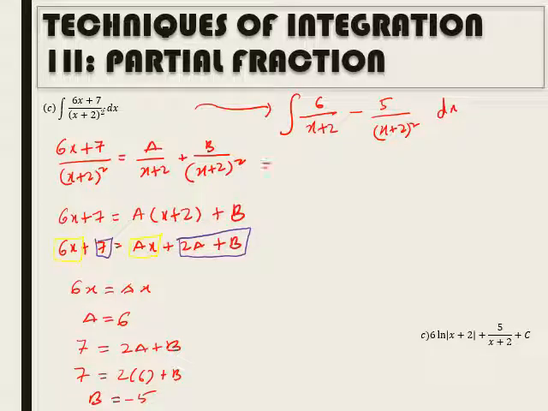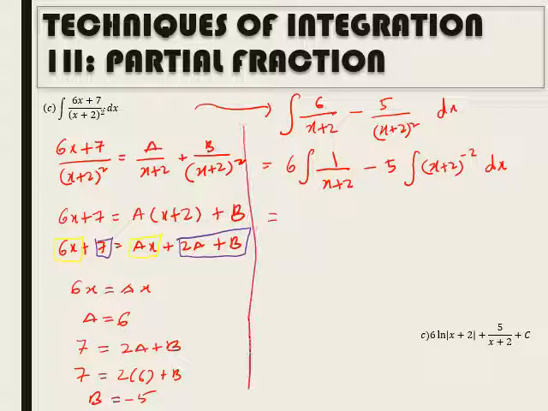Or we can write it like this: 6 integral of 1 over x plus 2 minus 5 integral of x plus 2 power negative 2 dx. So now we want to integrate this: 6 ln|x plus 2| minus 5.